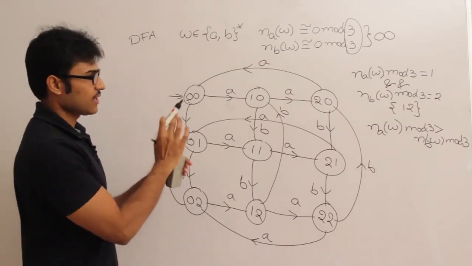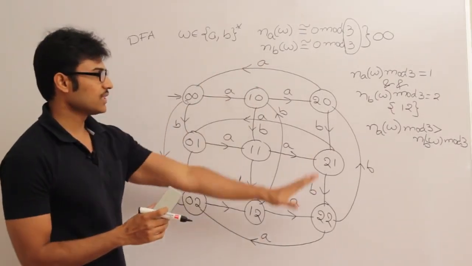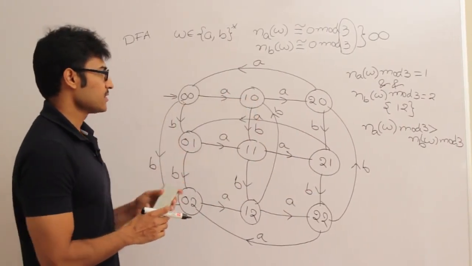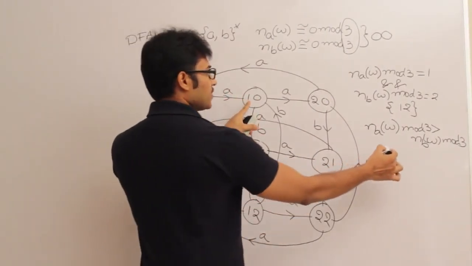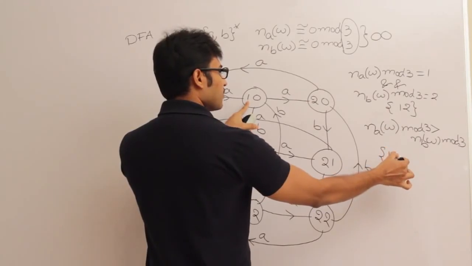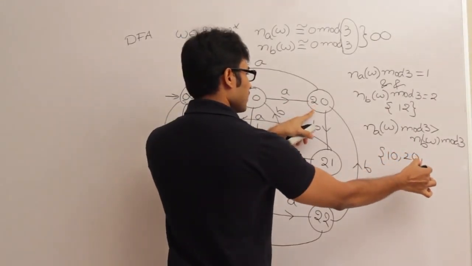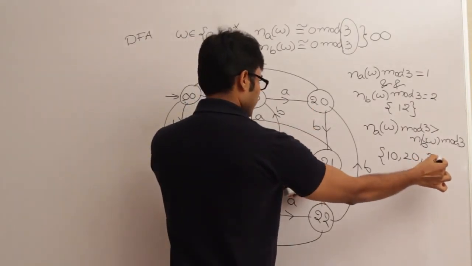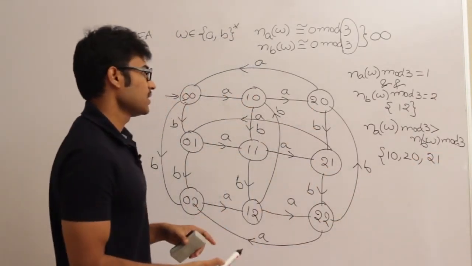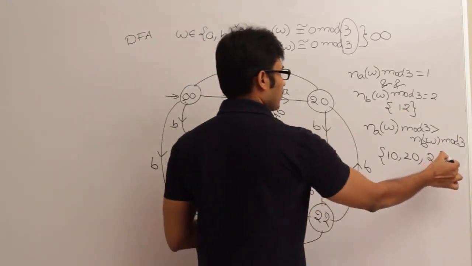The first one is the number of A's, the second one is the number of B's. Let us check all the states in which the first number is greater than the second number. One state is 1 0, because the number of A's is greater than the number of B's, mod 3. Another is 2 0, and another is 2 1. So these are the only states where the number of A's is greater than the number of B's.